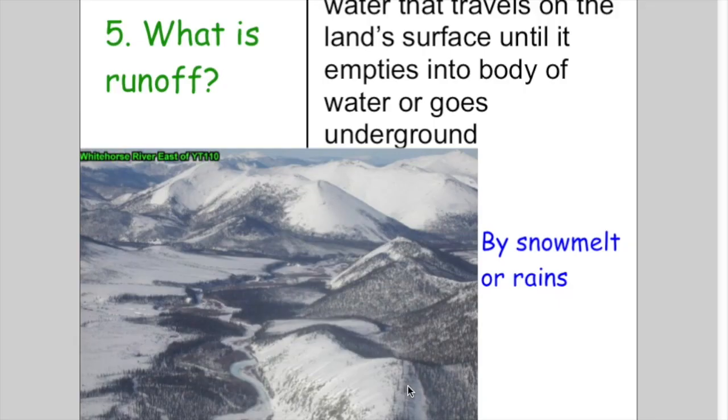Number 5 is runoff. Now, the water cycle has runoff. What is runoff? Runoff is water that travels on the land's surface until it empties into a body of water or it goes underground. As you can see here in the mountains, when it snows, this snow will melt one day, right?